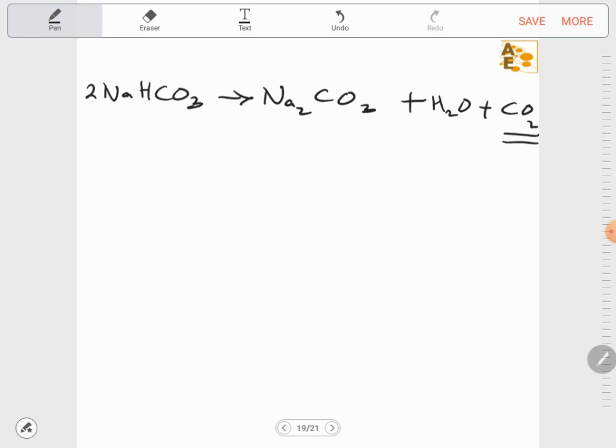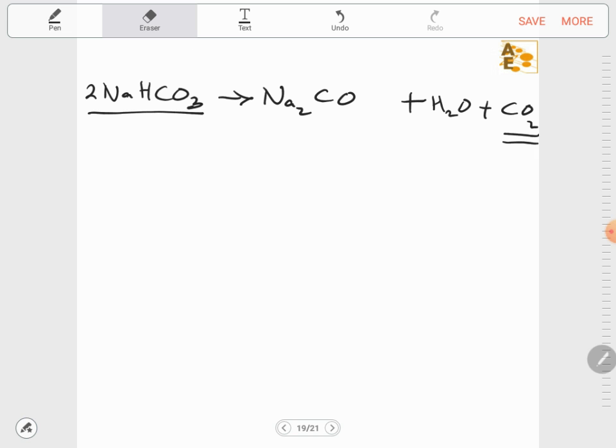To find the percentage yield of carbon dioxide with respect to the given 42 gram of sodium hydrogen carbonate that is used. From this balanced equation, what are we going to do?